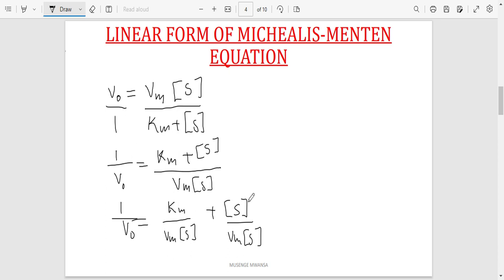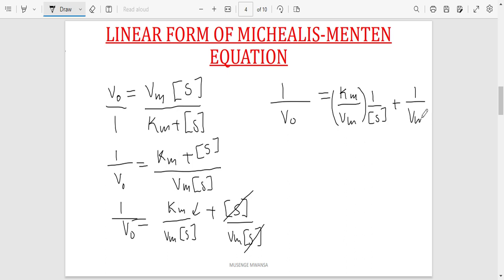So in here, what we're going to be able to see is that this is going to cancel with this, and this will give us 1 over VO equal to Km divided by Vm, and then 1 over the concentration of S, which is basically the same thing as what we have here, and then plus 1 over Vm. So this is what we are going to end up having.